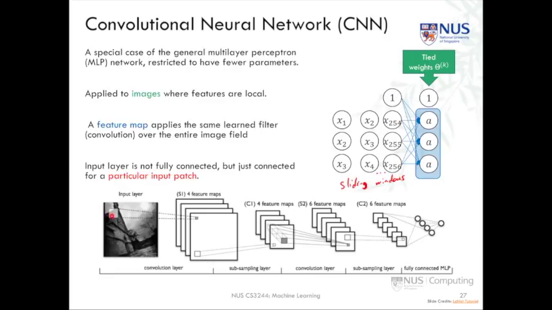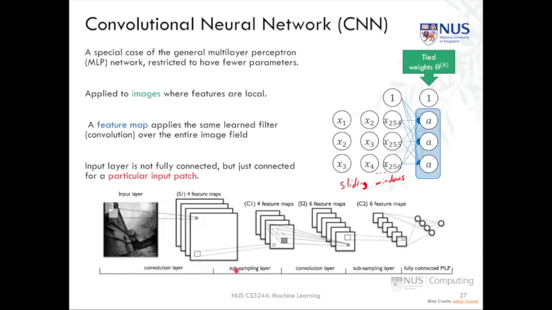So that's what we're doing here. We're sliding this particular window over the image and exposing the convolution to different areas of the image and building up these feature maps in a new layer of the network. So that's what the convolutional layer does.